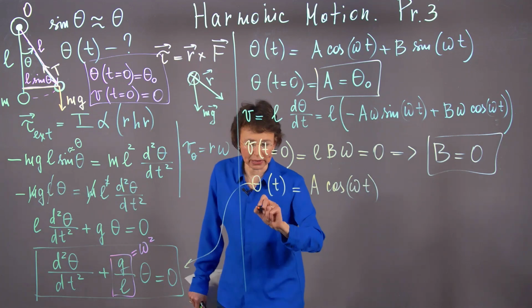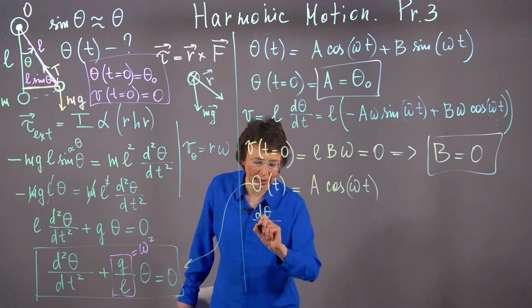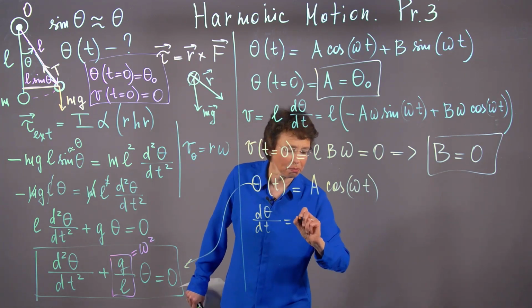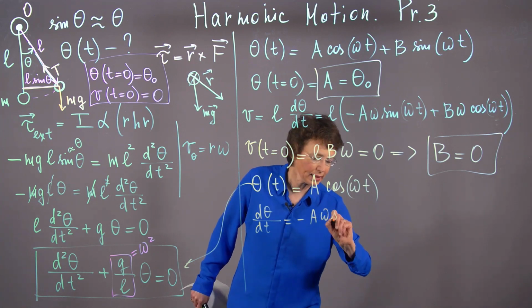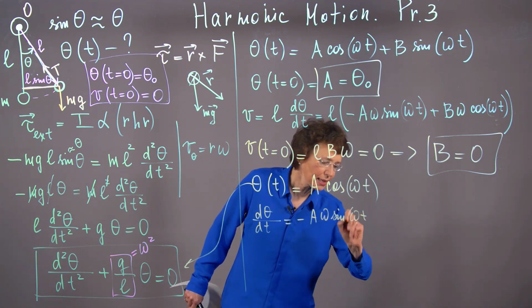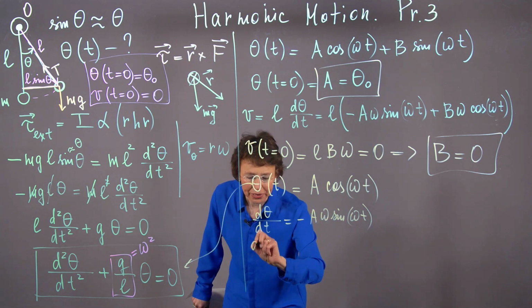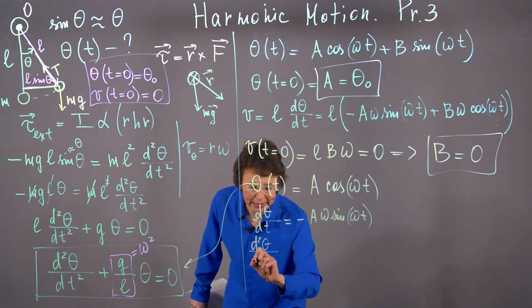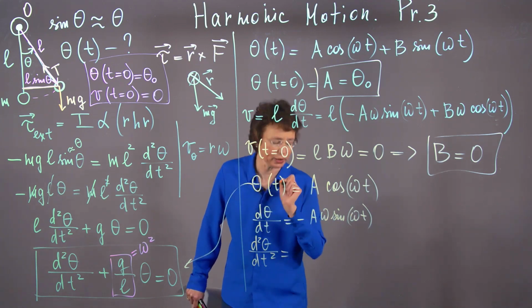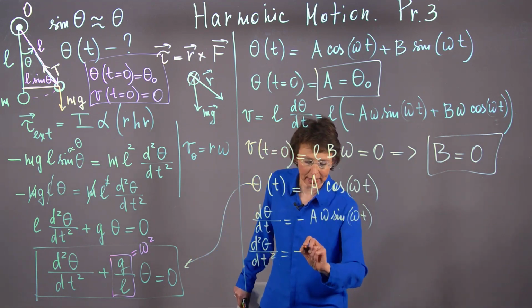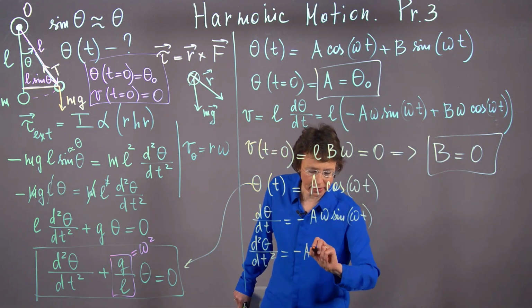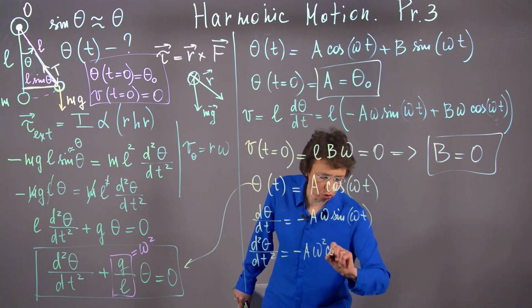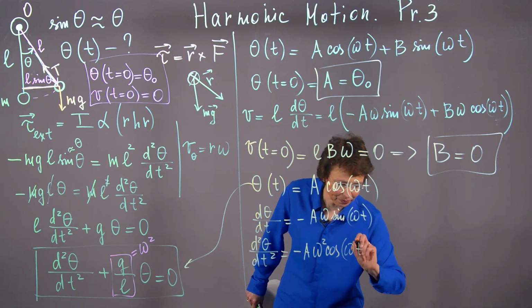The first derivative is, let's do it real quick, d theta dt is minus A omega sine omega t. The second derivative, d2 theta by dt squared, will be minus A omega squared, chain rule, cosine omega t.